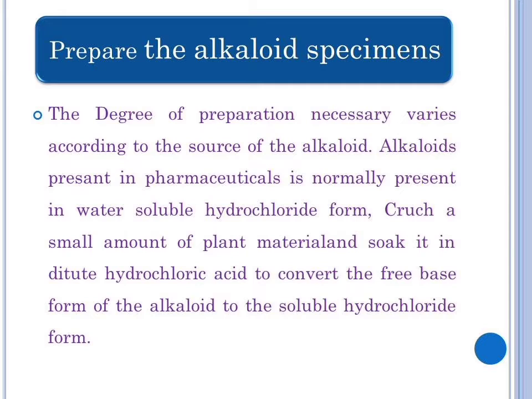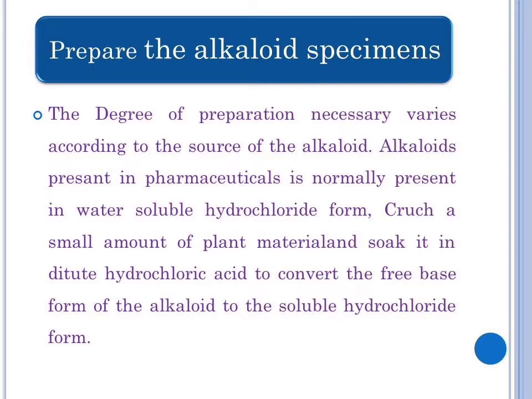For alkaloids in free base form, such as those present in plant material and in unprocessed foods such as poppy seeds, crush a small amount of the plant material and soak it in dilute hydrochloric acid to convert the free base form of the alkaloid to the soluble hydrochloride form.